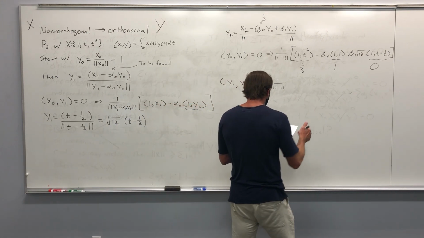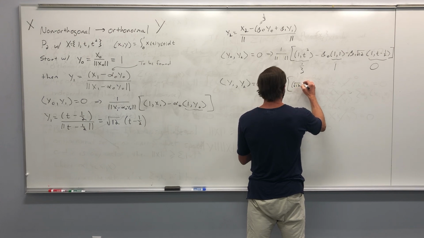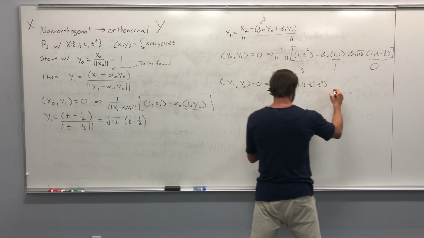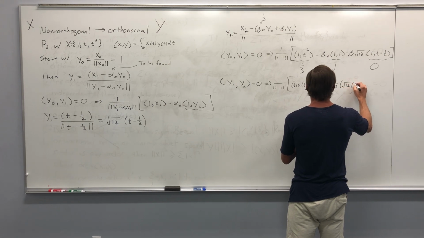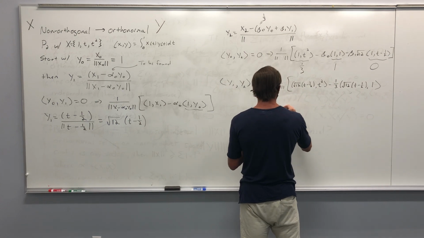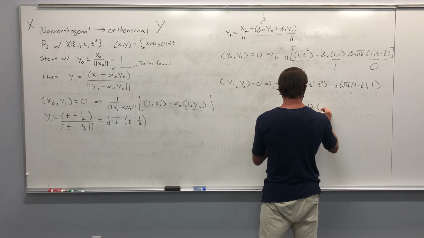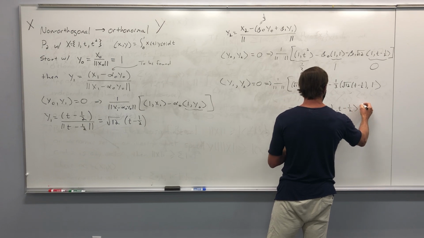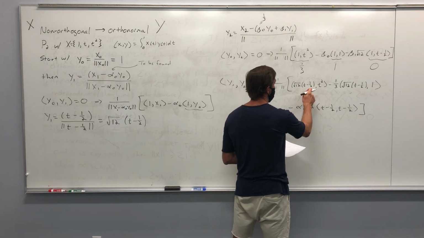All right. So then for this one, we have root 12 t minus a half inner product with t squared, minus 1/3 root 12 t minus a half inner product with 1, minus alpha 1 times 12 times the inner product of t minus a half with t minus a half. What is this equal to?